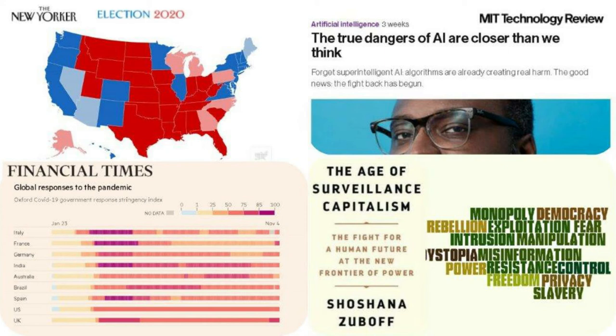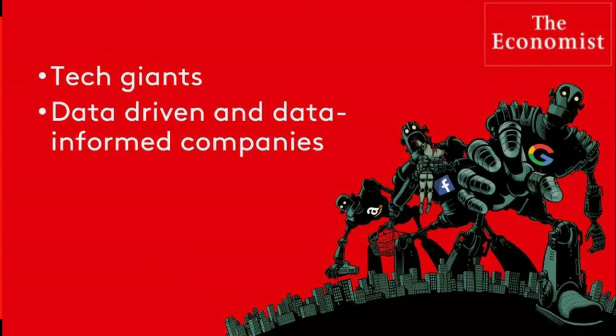We're hearing more about the perils of it, and we see how artificial intelligence algorithms can create real harm. Or that book from Shoshana Zuboff, The Age of Surveillance Capitalism, raises many questions on the challenges posed by the digital future. In particular, she's concerned about powerful corporations and this concept that she calls surveillance capitalism.